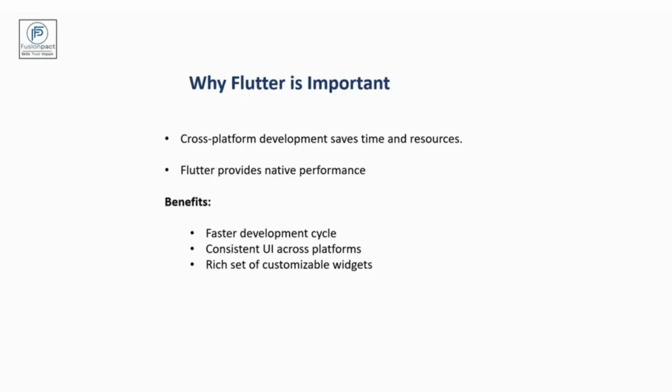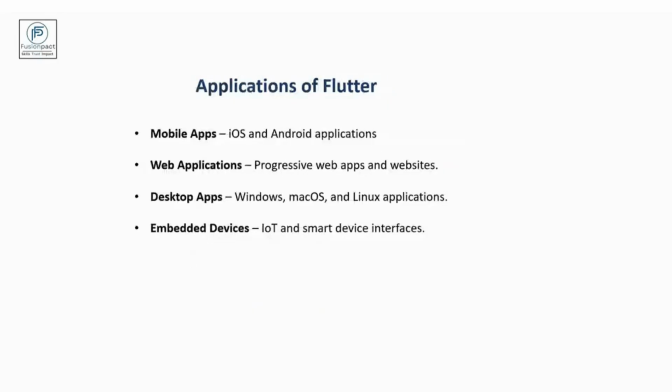Benefits of Flutter are a fast deployment lifecycle, consistent UI across platforms, and a rich set of customizable widgets, because widgets give us the functionality to directly use a container or text according to our requirements.